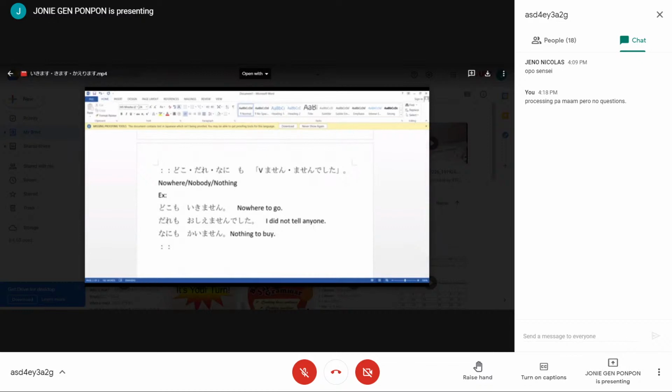How about next sentence pattern is the doko ka, dare ka, nani ka, verb. Verb, and then your verb will now be in the positive.